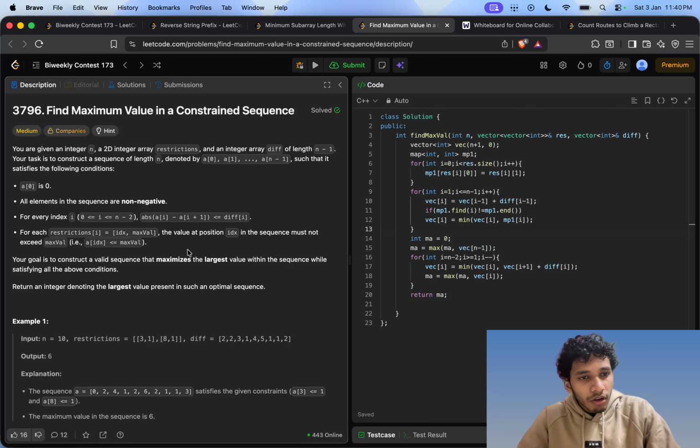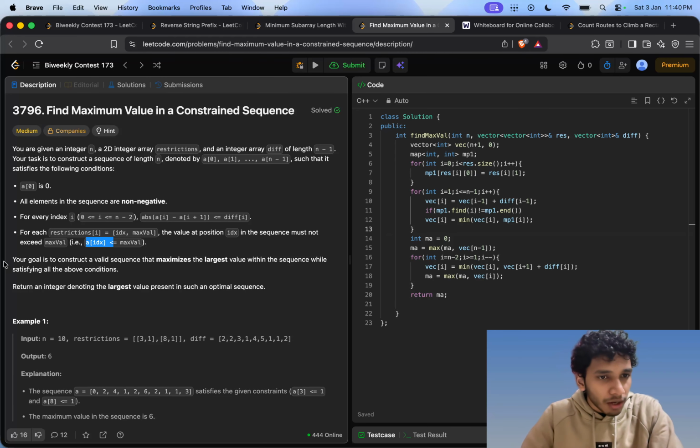For each restriction at i, index[i] comma maxVal[i], the value at position index in the sequence must not exceed maxVal. That is, a[index] is smaller than or equal to maxVal.